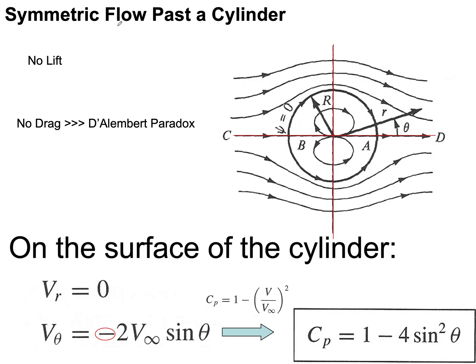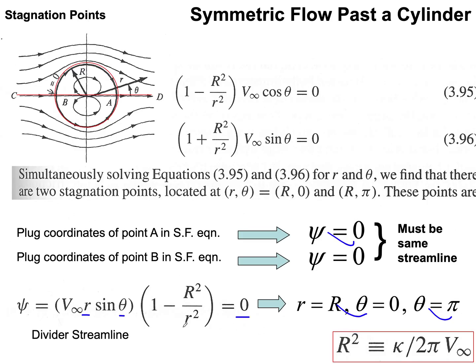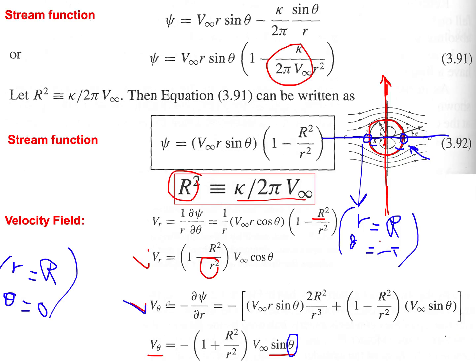Okay, so what we're after in the end: on the surface we have Vr and V theta, but on the circle we only have tangential flow, because on the circle Vr is equal to 0. So it's easy.